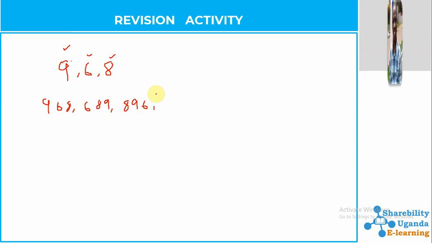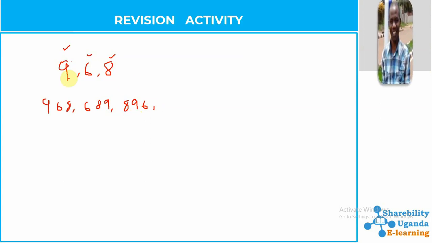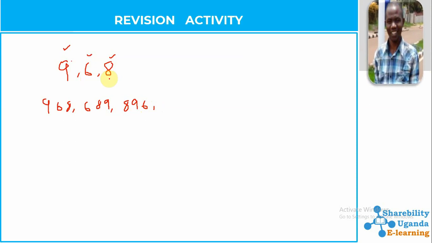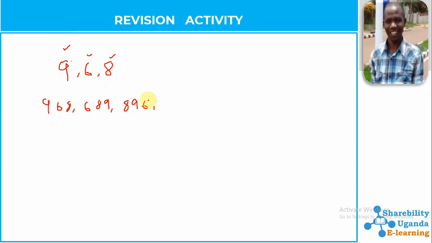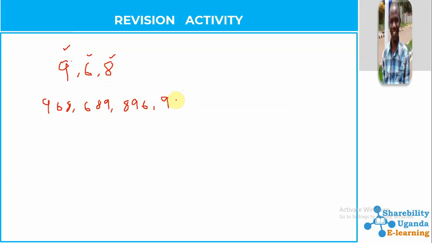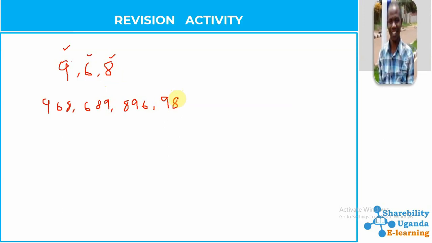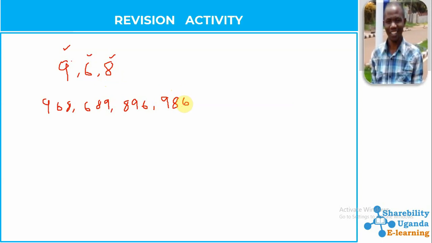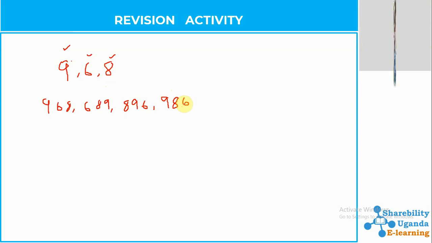You can still go ahead and form some other numerals. Remember here we started with the 9, we started with the 6, we started with 8. So this simply means we can also still start with 9, then our third digit becomes the second, which is 8, then 6, so that we shall have formed another numeral.